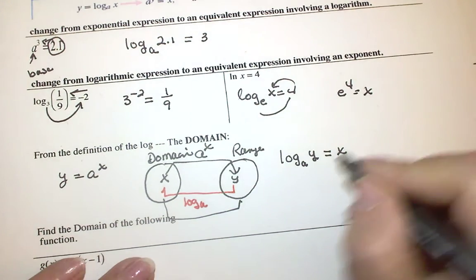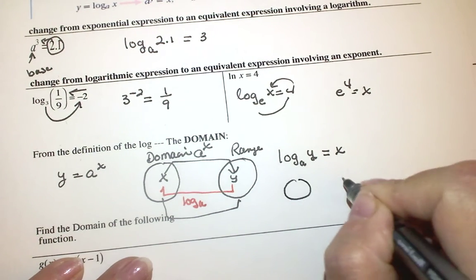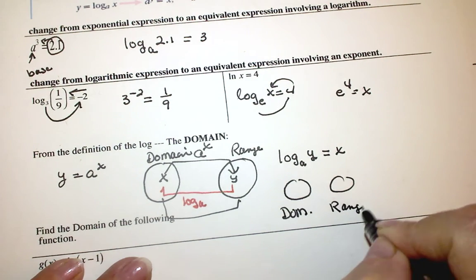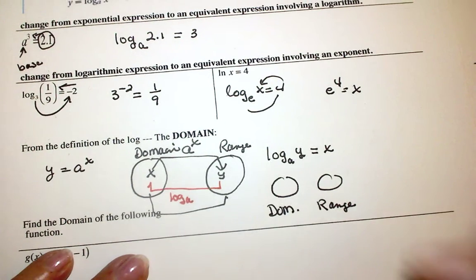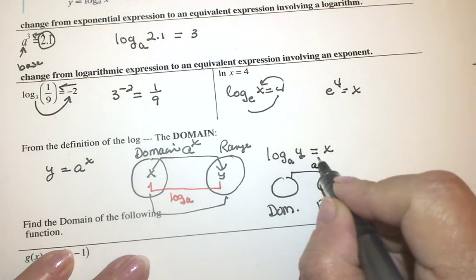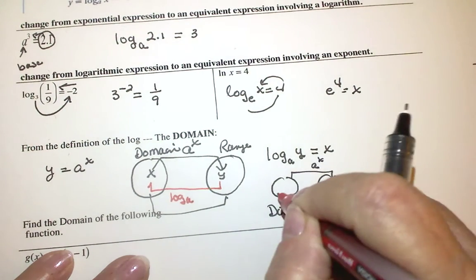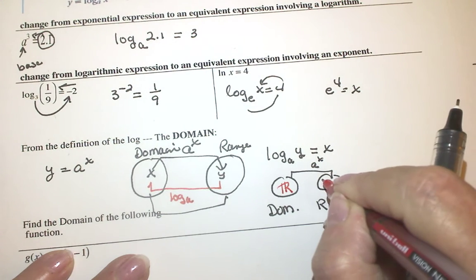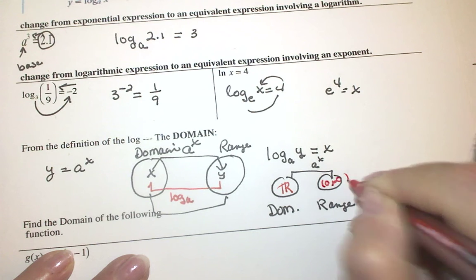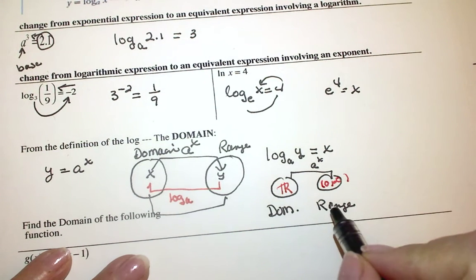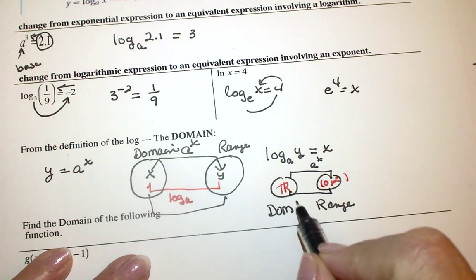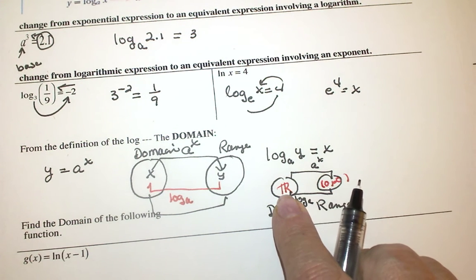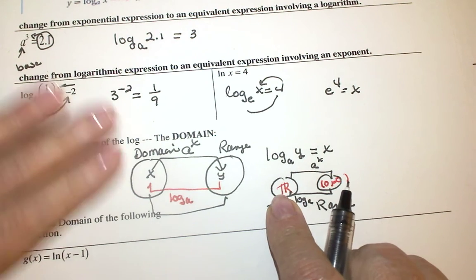Now here's one of the more important things. I'm going to draw this again. If the exponential function takes the domain to the range, what's in the domain is all real numbers, and what's in the range are only numbers from 0 to infinity. So that means that the logarithm takes numbers between 0 and infinity and returns them to all real numbers.